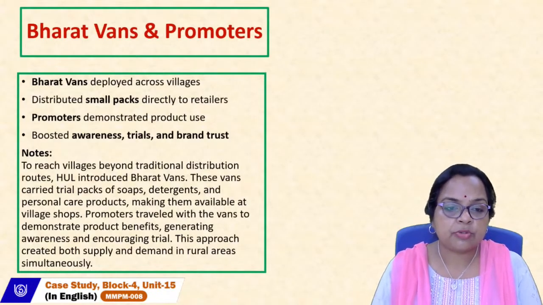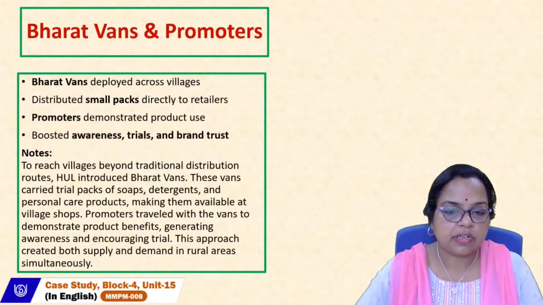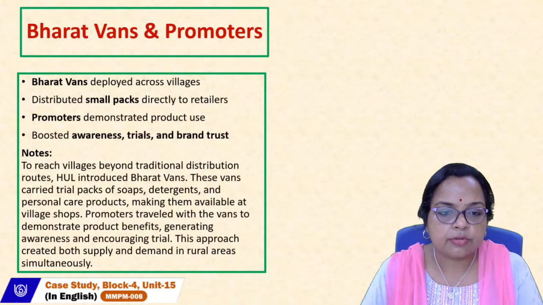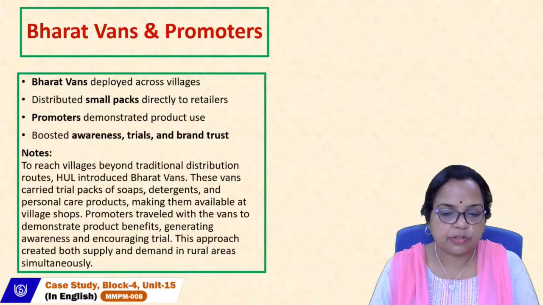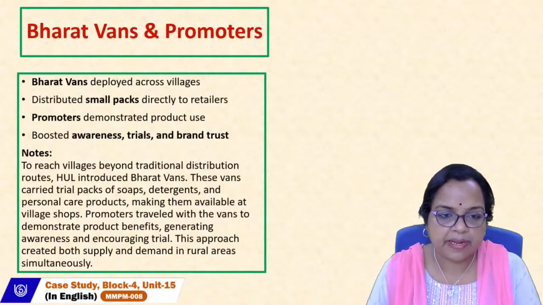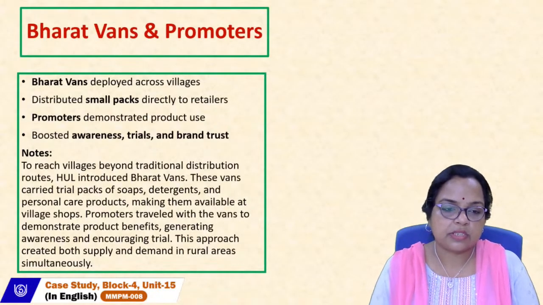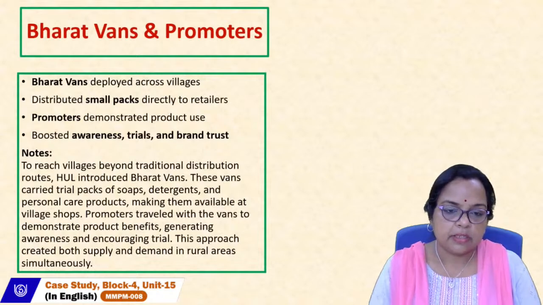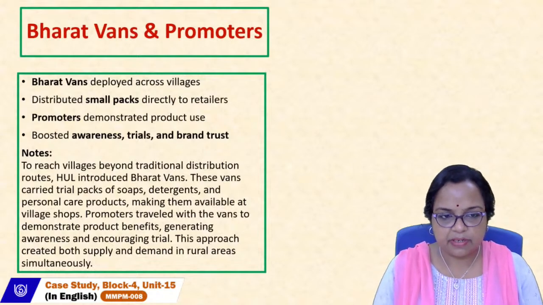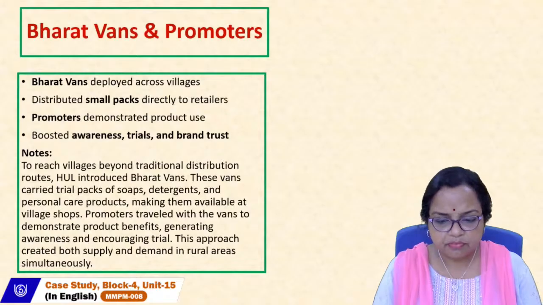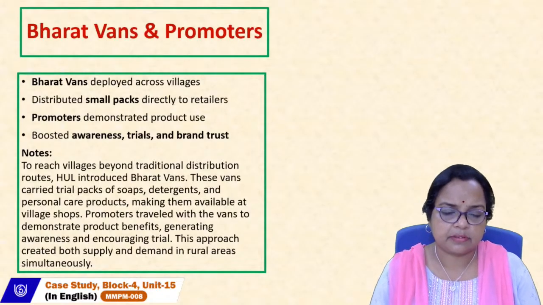So to reach those villages, they did it through the project of Bharat vans and promoters. These vans carried trial packs of soaps, detergent and personal care products, making them available at village shops. All are in trial packs.